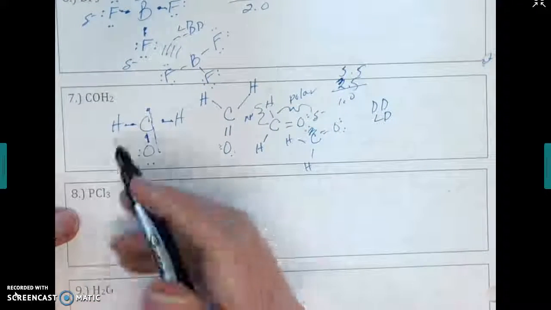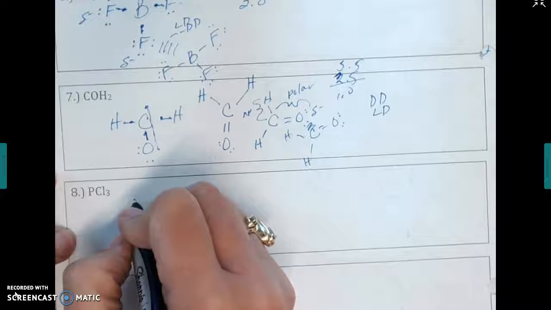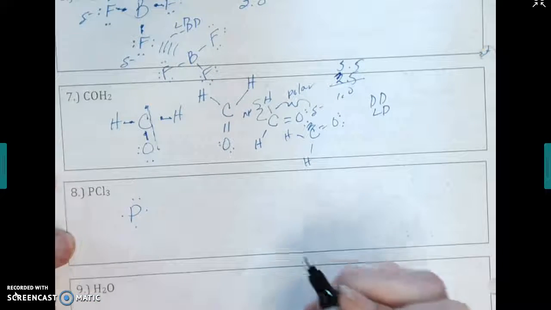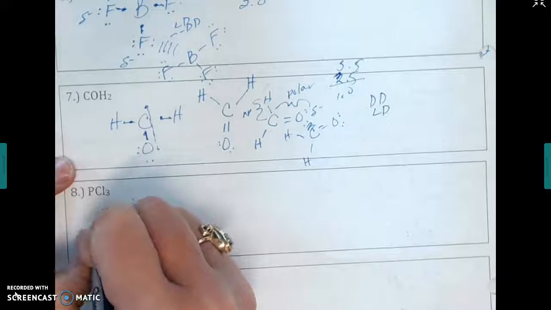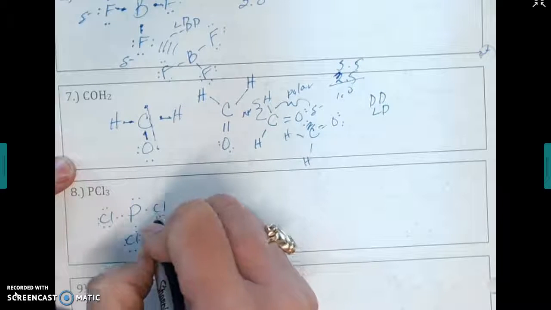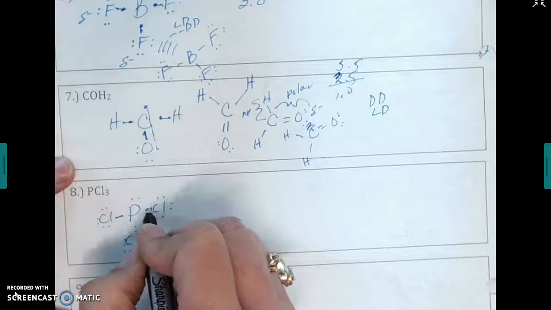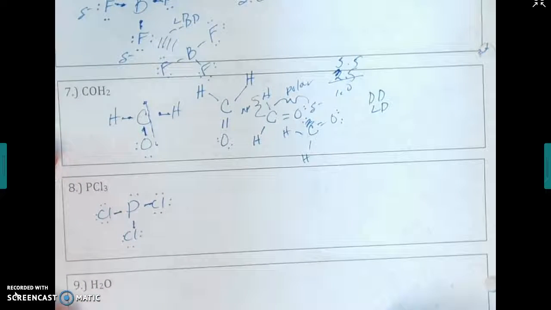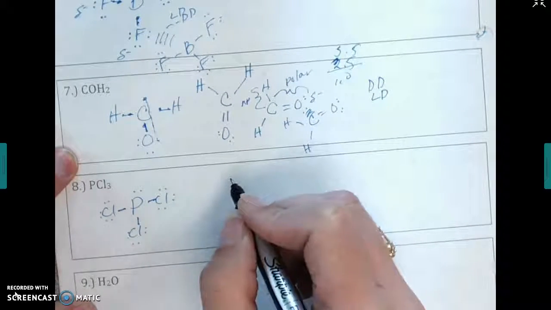Oh, sorry. Okay, phosphorus, I hope you kept up with me. Phosphorus is, again, like nitrogen. It has 5 valence electrons. We'll throw 3 chlorines around it. Okay, so here these 3 share. Phosphorus has an electronegativity of 2.1.